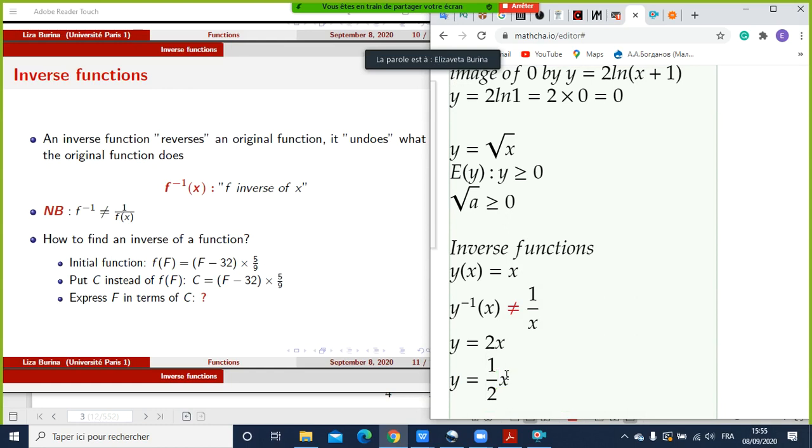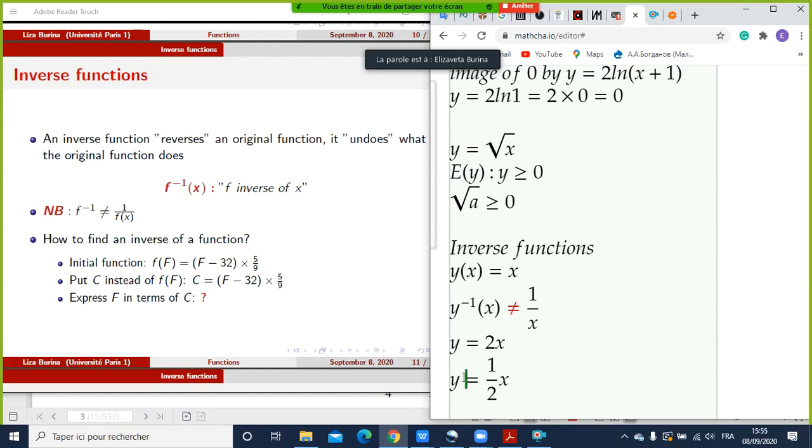Why? Because multiplication by 1 over 2 undoes what multiplication by 2 does.